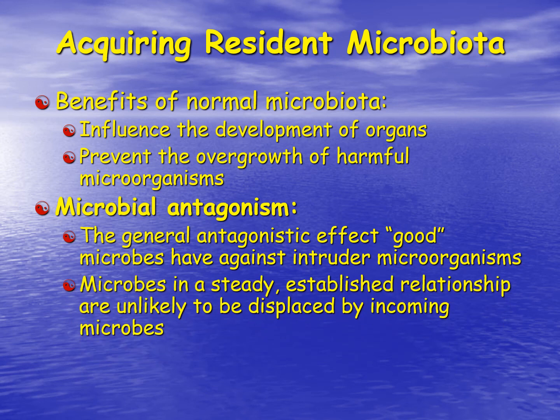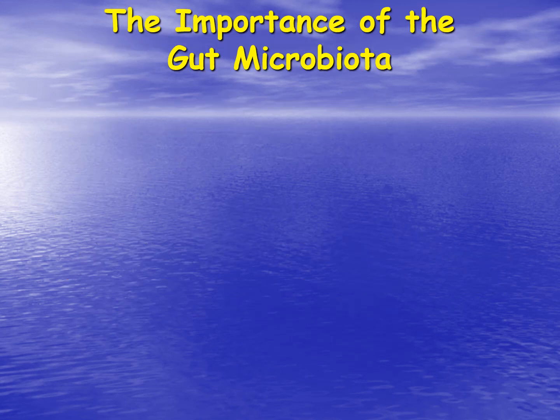Typically this is going to be through the production of some sort of antimicrobial from the good guys against the bad guys. The microbes in the microbiome are in a steady, established relationship and therefore are unlikely to be displaced by any incoming microbes.